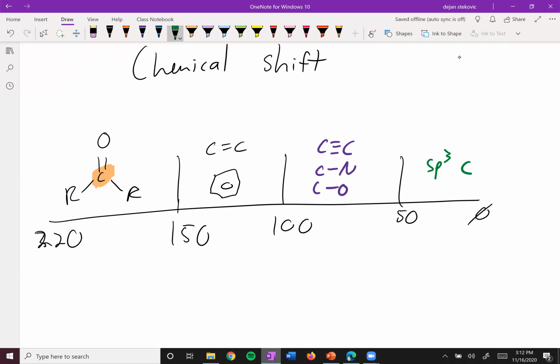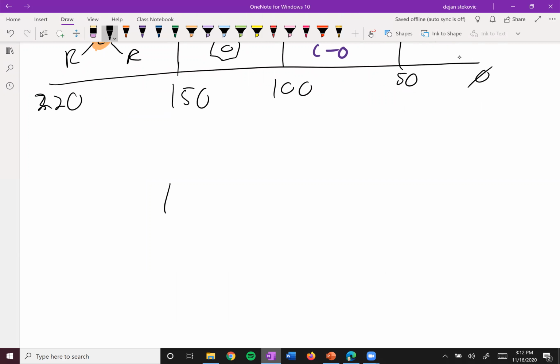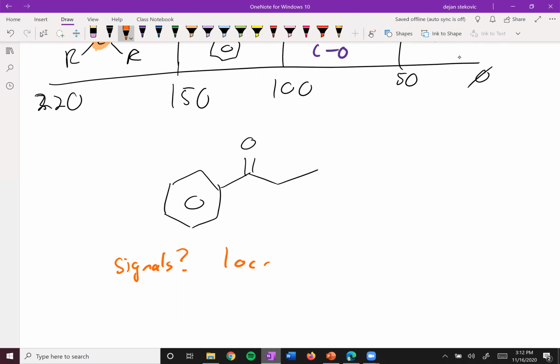Similar to proton NMR, you should be able to look at a compound and predict what its carbon NMR looks like. So let's take a look at this. The questions we should be able to ask ourselves are: how many signals are we going to have, and what kind of location will they be in? The first thing you should notice is that we do have symmetry across this aromatic compound.